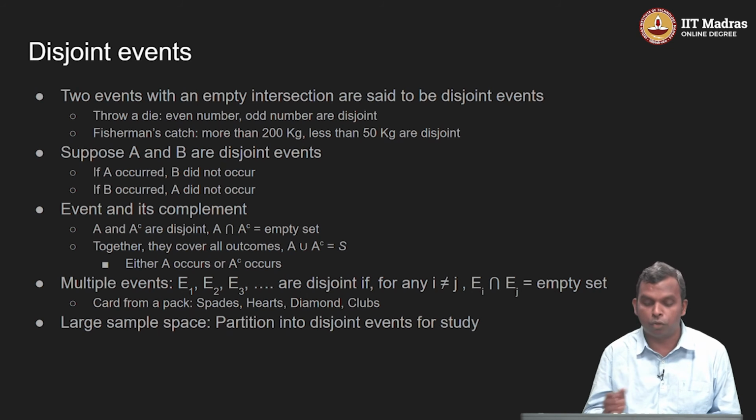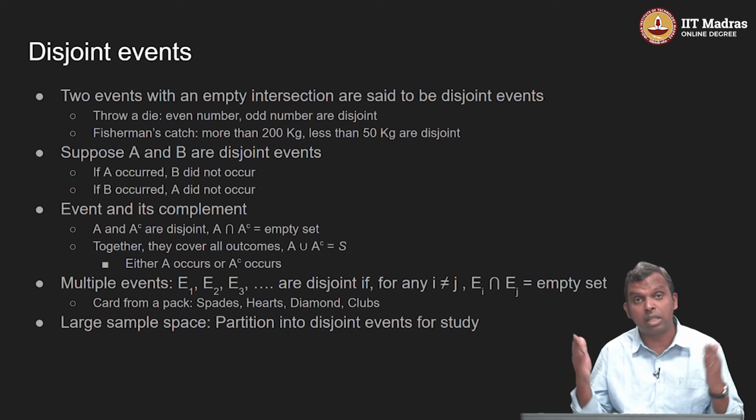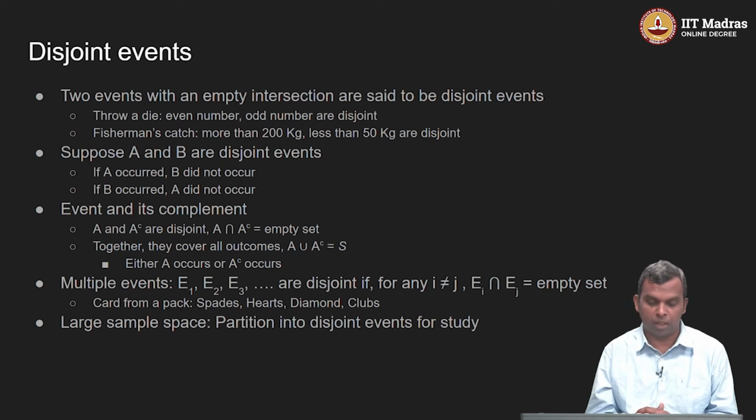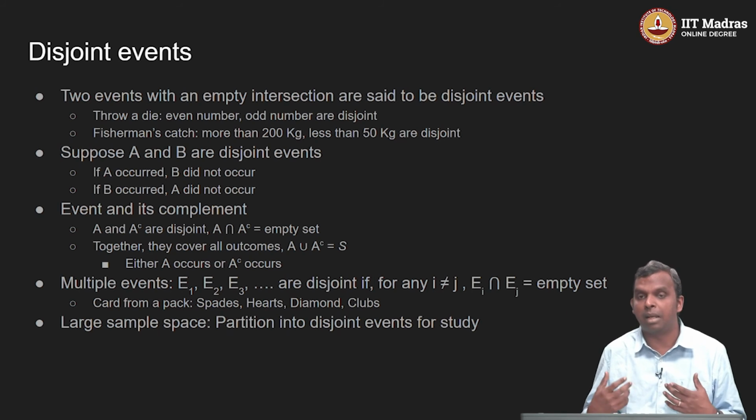Those are the four events. Clearly these four are disjoint, right? And interestingly, they make up the whole sample space together. So in fact, they are a partition of the sample space. In this manner, you can take a large sample space and partition it into disjoint events and study it further. This will help you do things very, very efficiently.